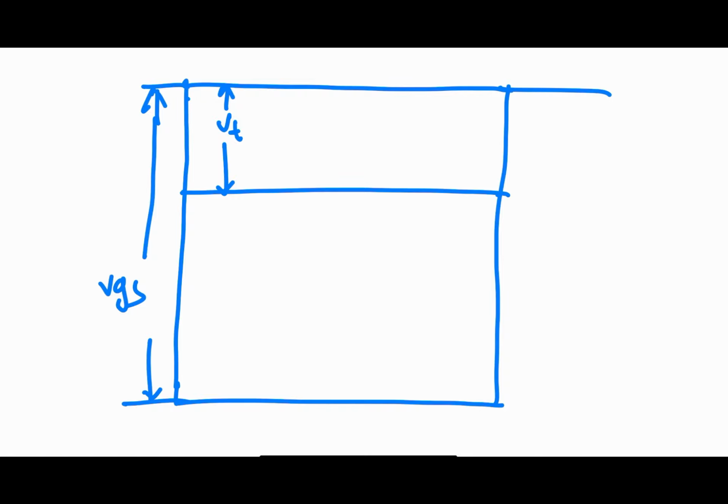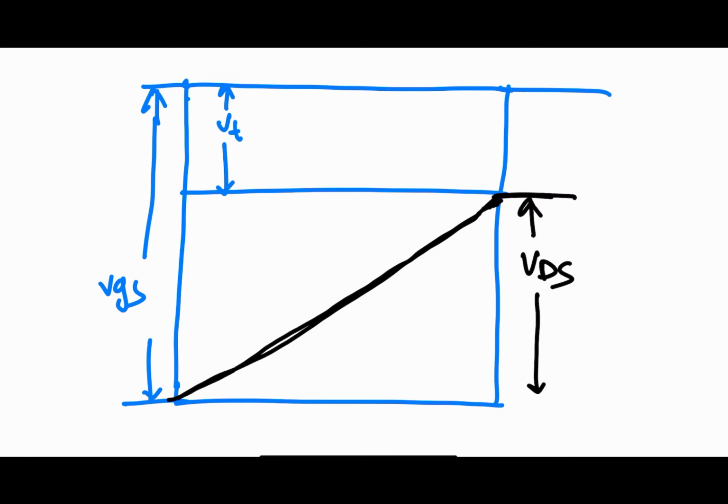Now we increase the VGS, we increase the VDS such that the channel is tapered to this much. That means there is a very small gap for the current to flow. It is not exactly zero. This is the VDS, and this is the VOV.